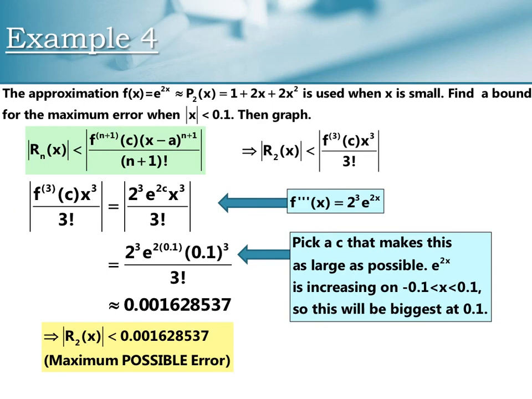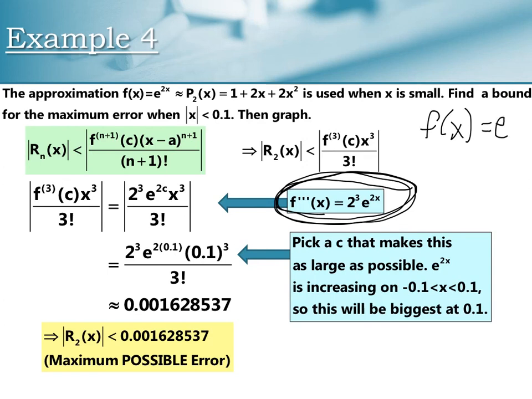Okay, so here are all of the pieces. What you need to first work out is the third derivative of f of x, which, remember, f of x itself was e to the 2x. And so if you take the derivative 3 times, the only thing that's going to happen is the number 2 is going to be multiplied down 3 times.